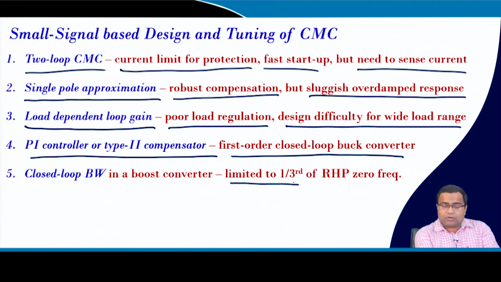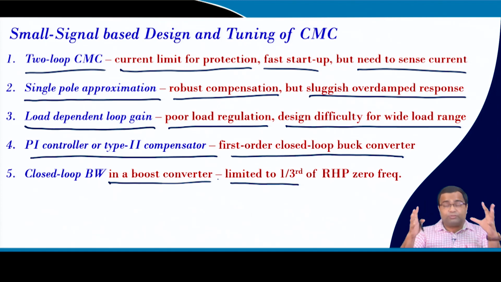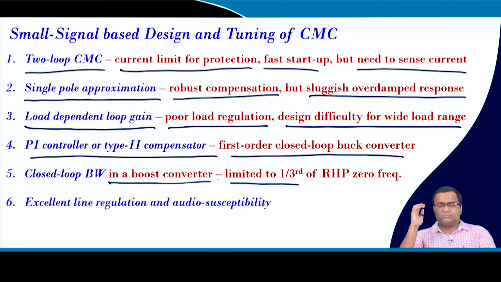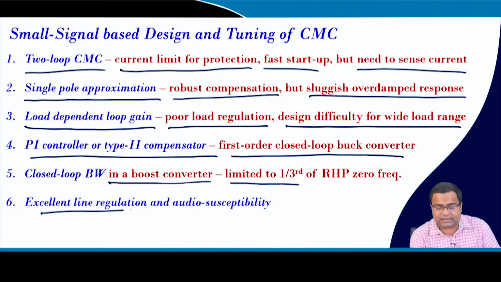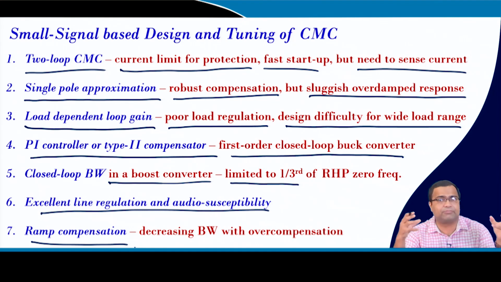So, from the model validity point of view, the boost converter using current mode control can offer a closed loop bandwidth of a minimum of 1/3 of the RHP zero, or FSW by 10. Current mode control offers excellent line regulation and audio susceptibility, and the ramp compensation in current mode control is required if you have a subharmonic problem.